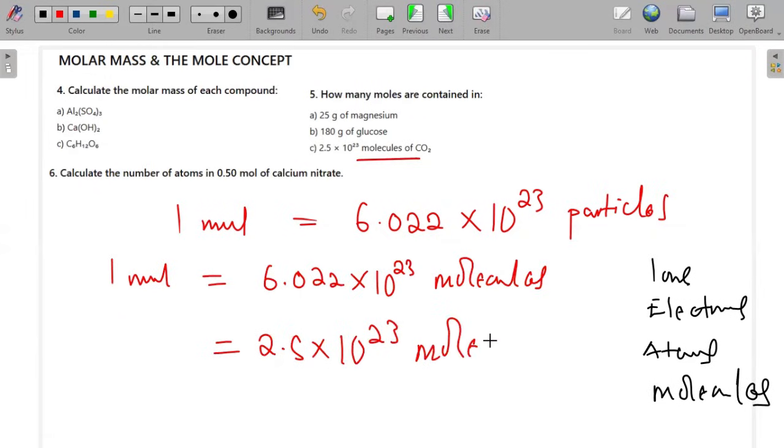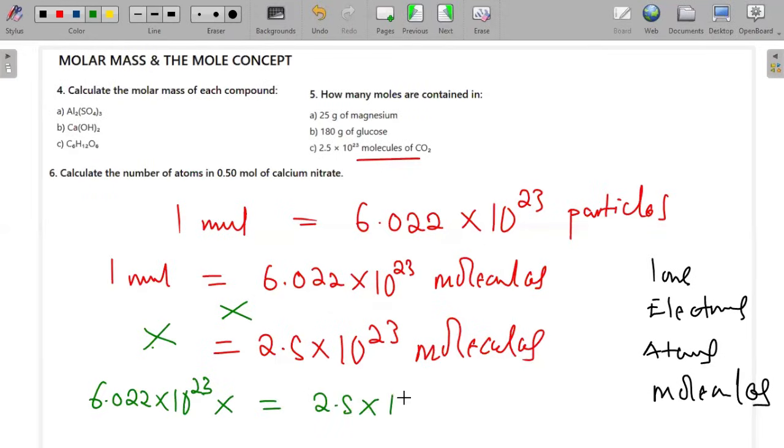How many moles am I going to have? Where there's moles, you can just write X, and then you simply cross multiply. So it will be X multiplied by this whole thing, and this multiplied by 1. So I'll get 6.022 multiplied by 10 to the power 23 times X is equal to 2.5 multiplied by 10 to the power 23.